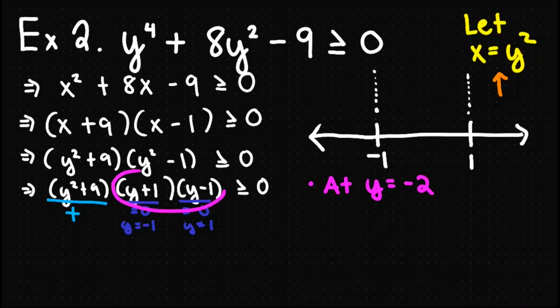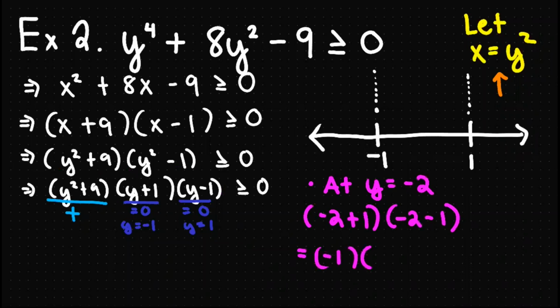So we'll only focus on this one out here. So we'll have here negative 2 plus 1 times negative 2 minus 1. That will give us negative 1 times negative 3, and that is simply 3. And 3 is greater than or equal to 0. So it satisfies our inequality out here. Therefore, we say that this region out here is considered to be true.